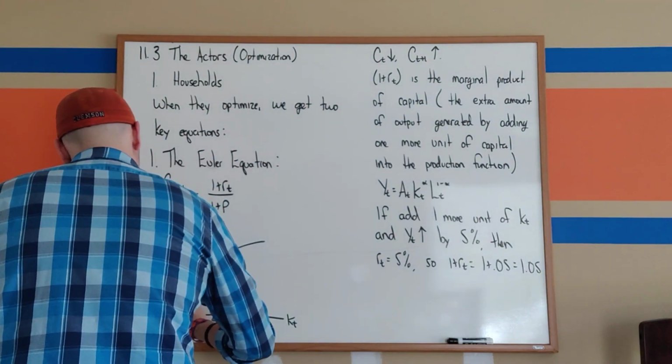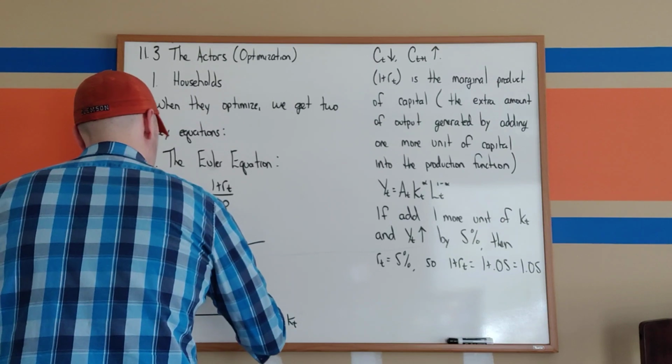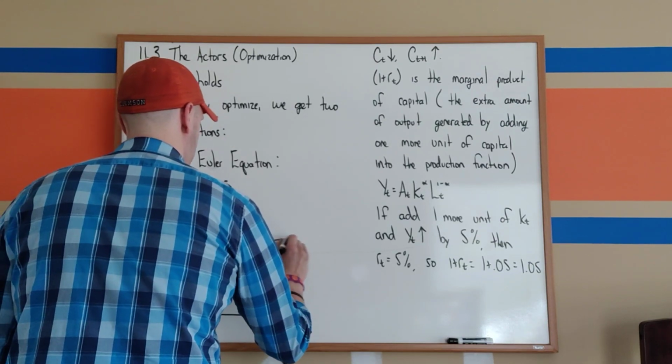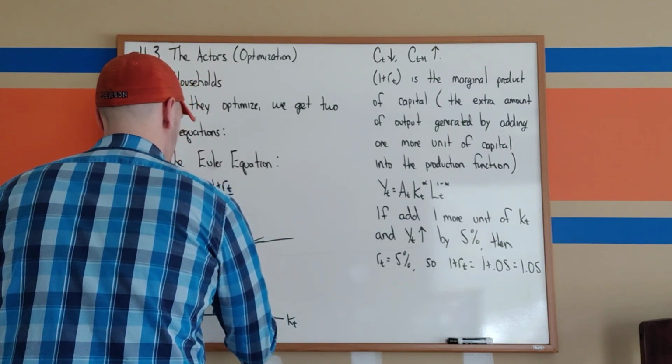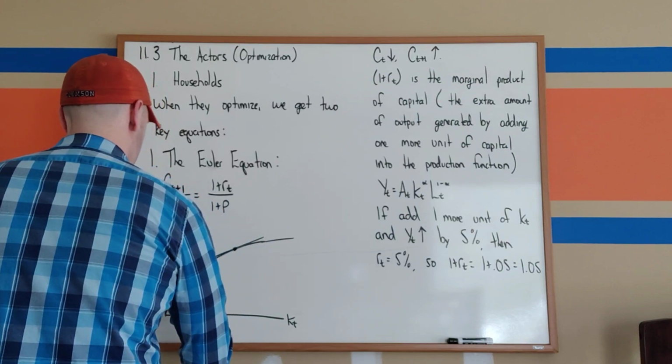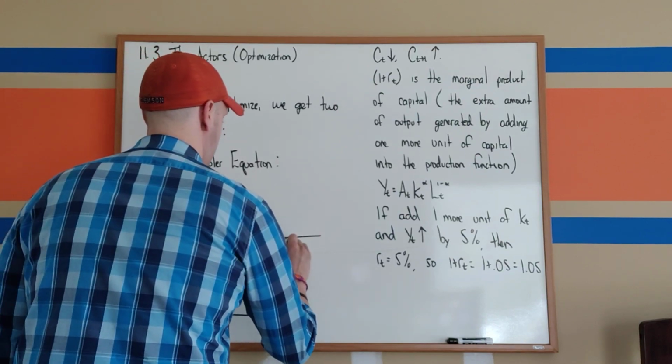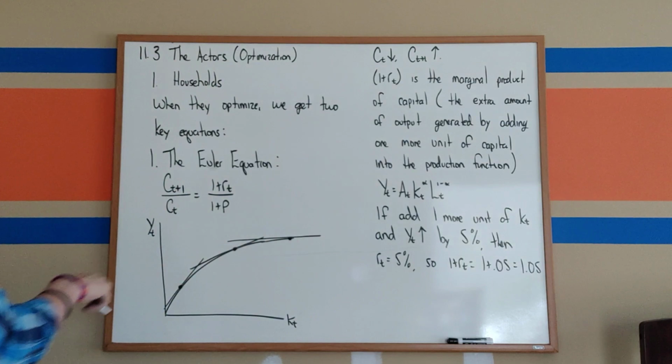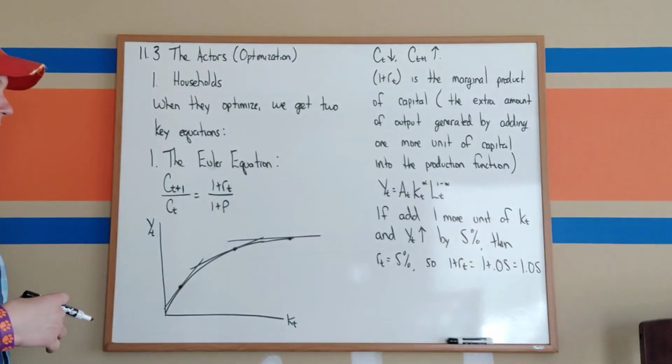And at any point, we look at the rate of change, we would have these tangent lines. These tangent lines are the marginal products of capital. So if we add more capital, the marginal product of capital is going to decrease.